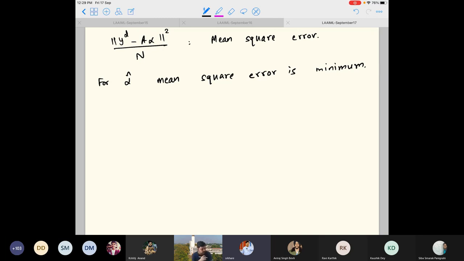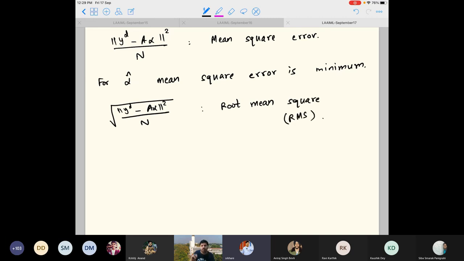And I think there was something called RMS also, right? The root mean square error. So the square root of this is called the root mean square error, or RMS.